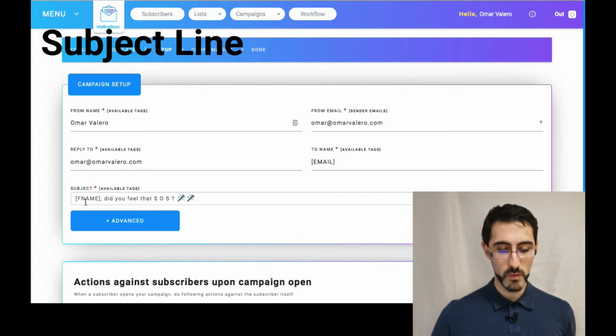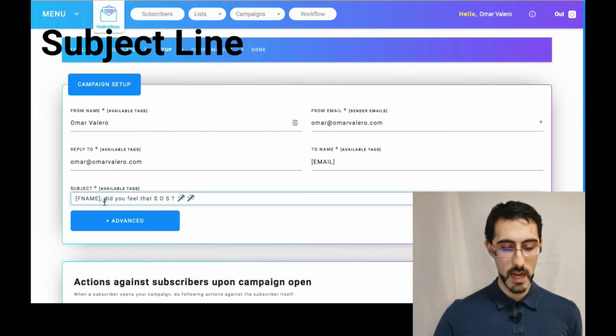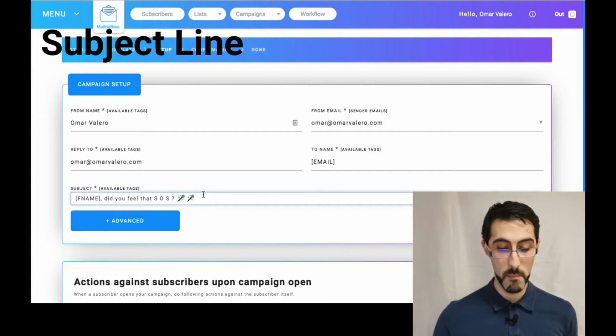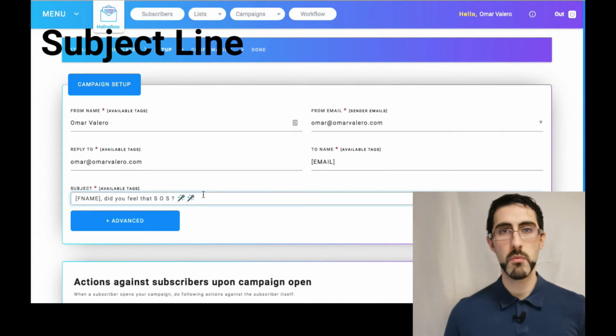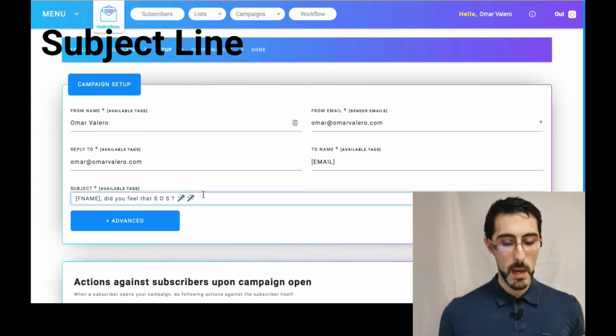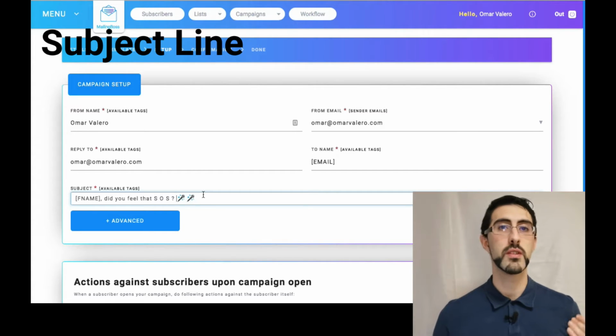In this case, some little tricks about this. What I place is fname, which is a tag that points to the first name of my leads, and this phrase, "did you feel that SOS," and some emojis. Most emails that are sent today don't use emojis.